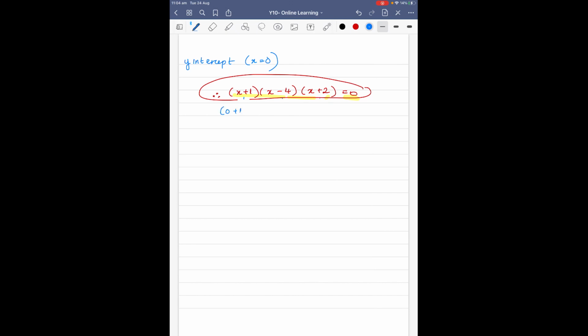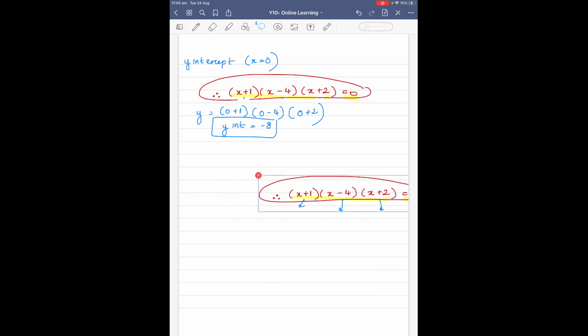So 0 plus 1, 0 minus 4, and 0 plus 2. Put it all into your calculator or your brains. You should end up with a number of minus 8. Okay, and that is your y-intercept.